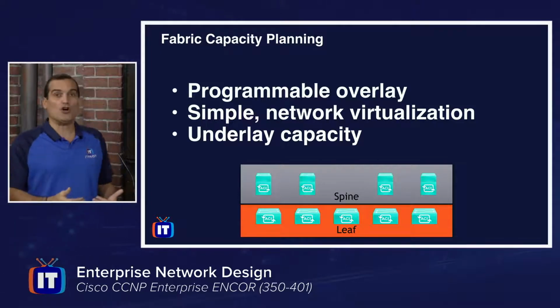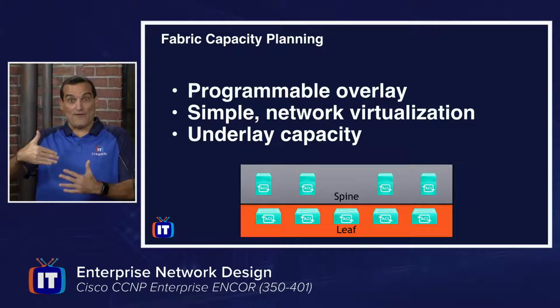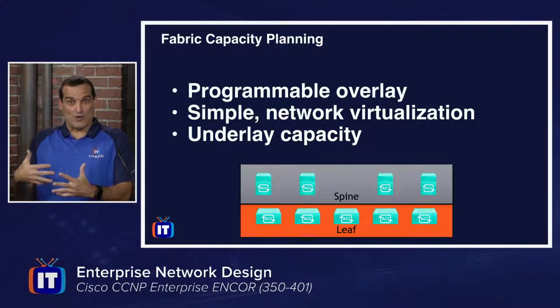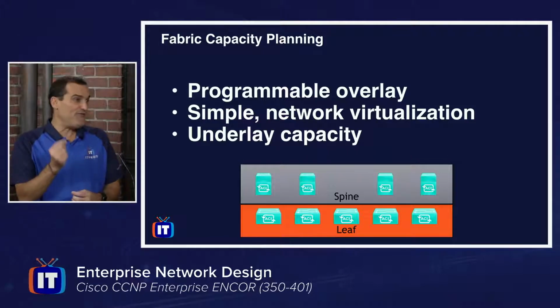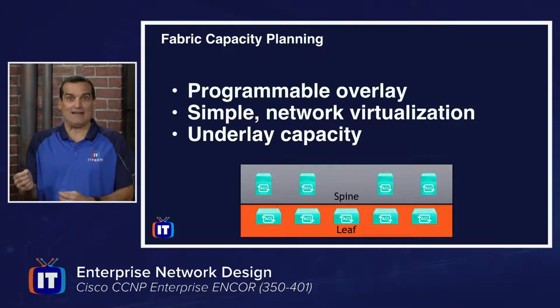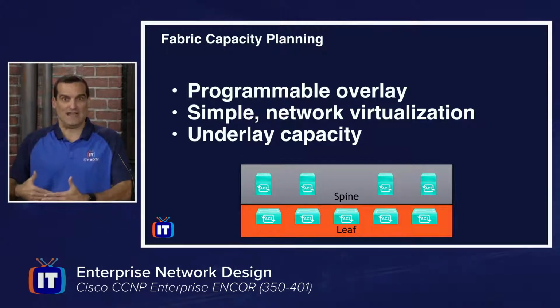Well, now we're going to call that the underlay. And that's the physical stuff that makes the network work. That's the underlay. And so when we say fabric capacity planning, we're talking about, how much bandwidth do we need in the underlay, the physical network plumbing?